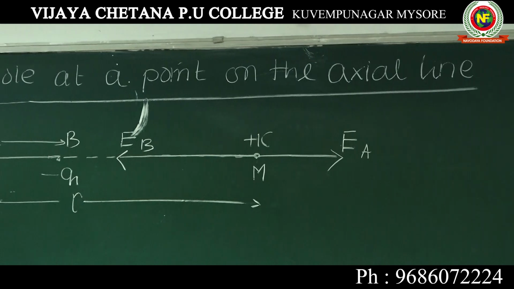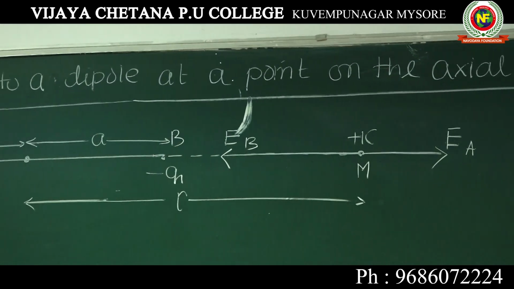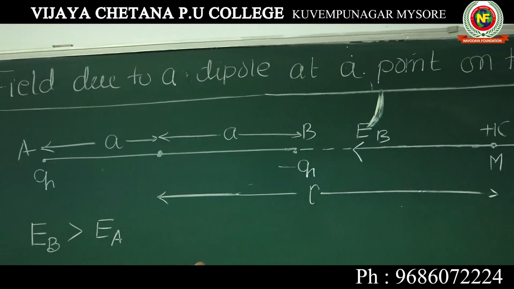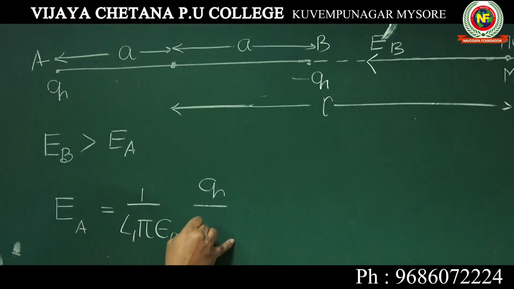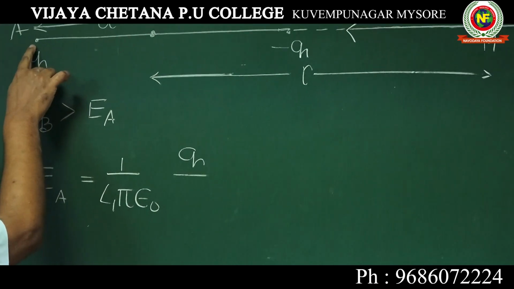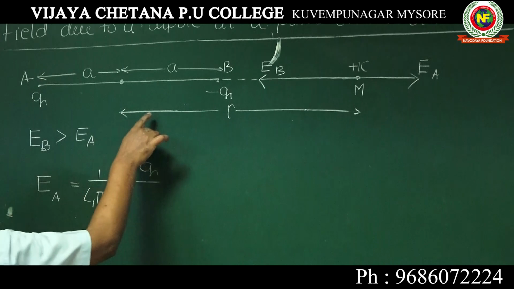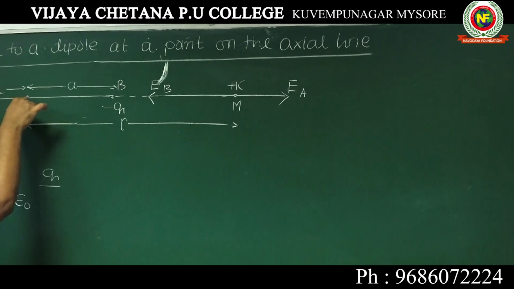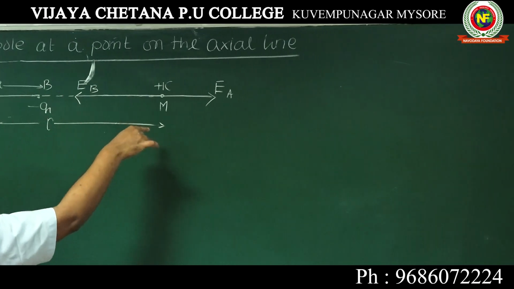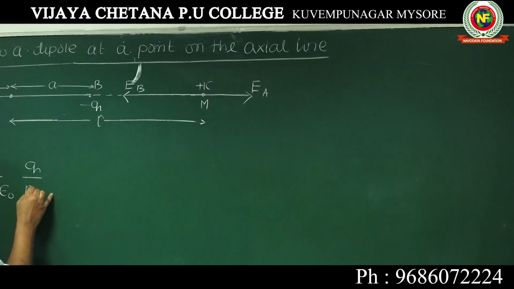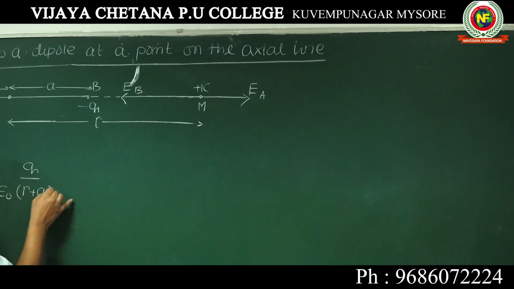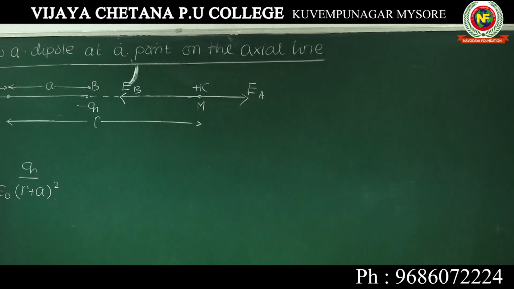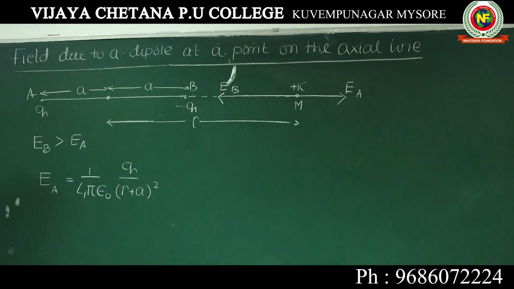E due to A is 1 by 4 pi epsilon naught, charge at A, divided by the distance from A, which is small a plus R. Therefore, this is R plus A whole square. Correct?